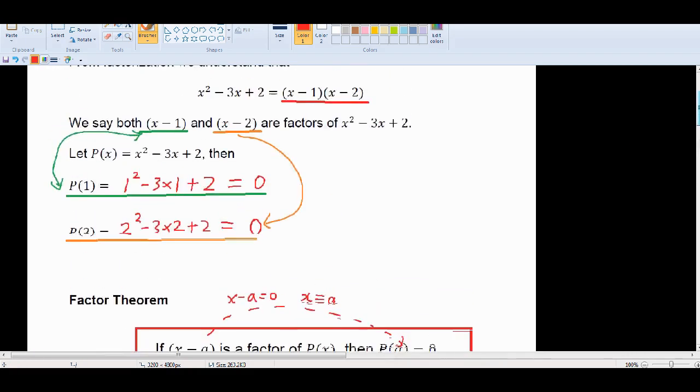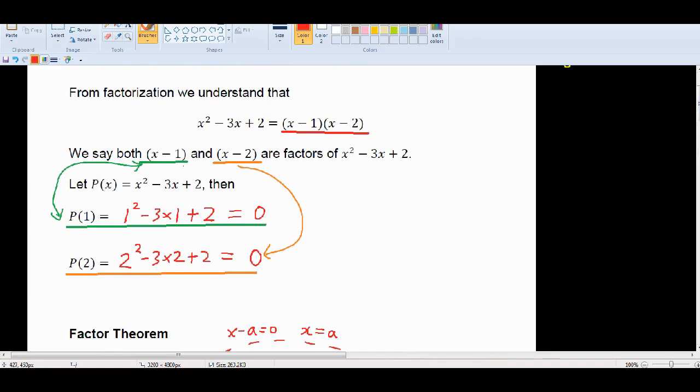Just like when x minus 1 is a factor, then you will see P(1) equals 0. On the other hand, if we don't know whether x minus 1 is a factor, but you see P(1) equals 0, then you can say x minus 1 is a factor.